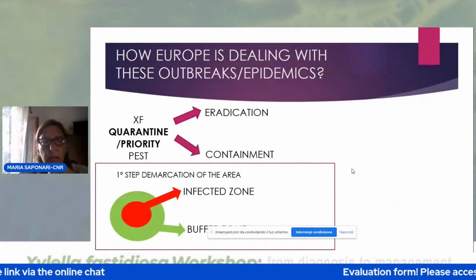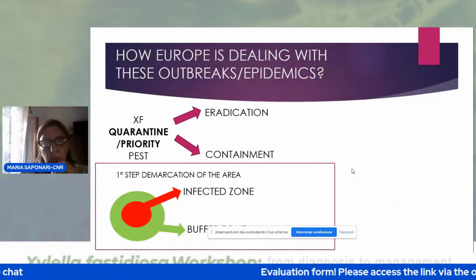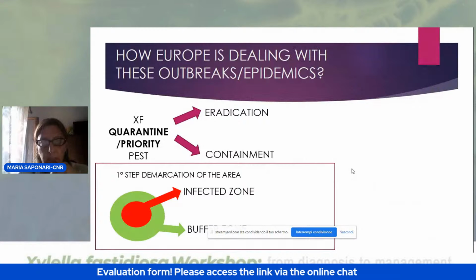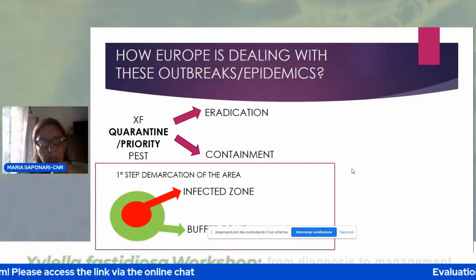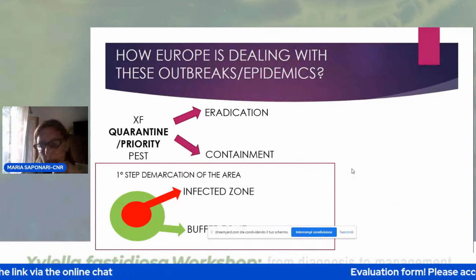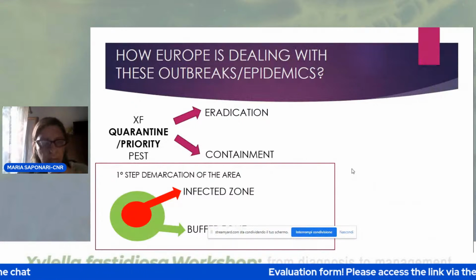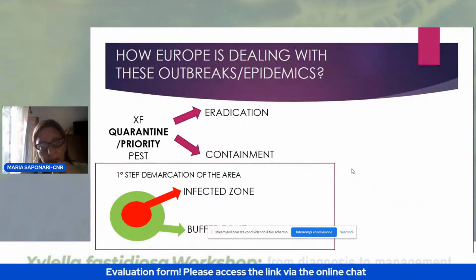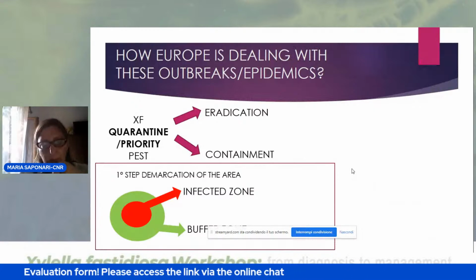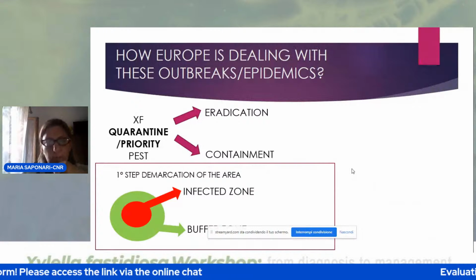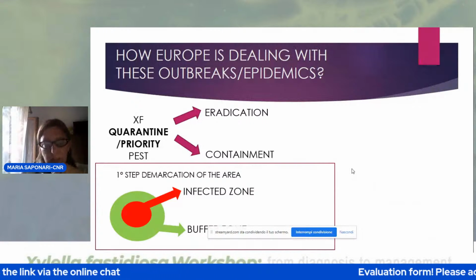And around this infected zone, to protect the rest of the pathogen-free area, a buffer zone is delimited. And this buffer zone, as the term says, is intended to protect the rest of the territory, so as to avoid that the bacterium can spread further from the infected zone.